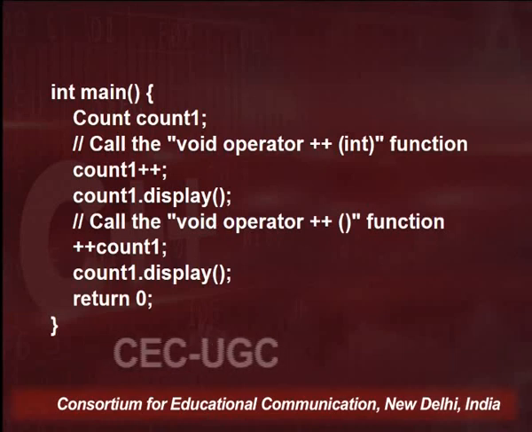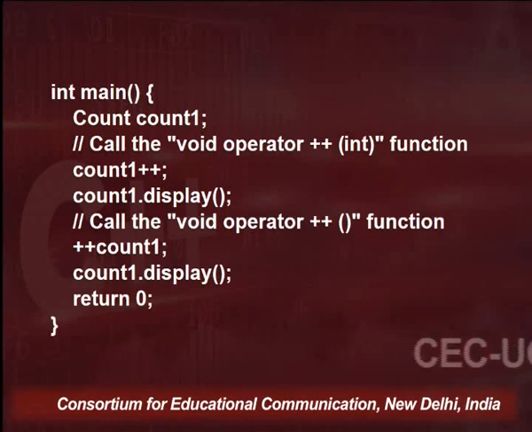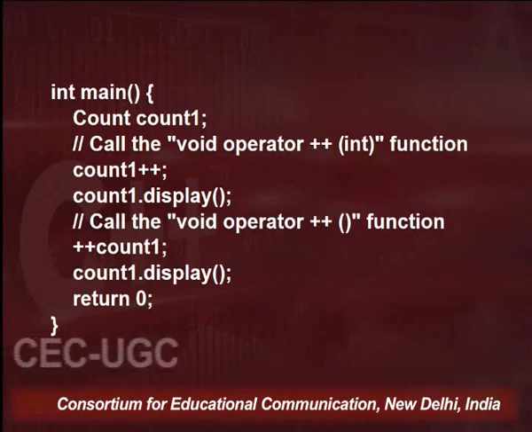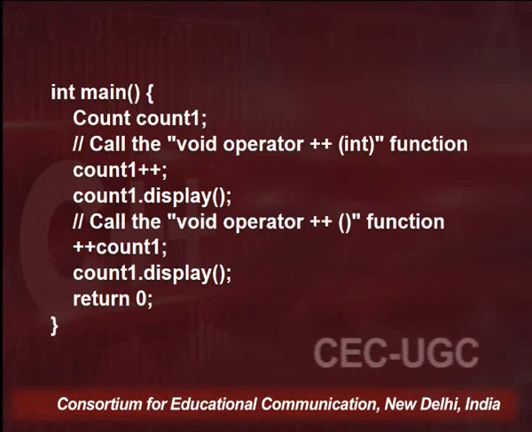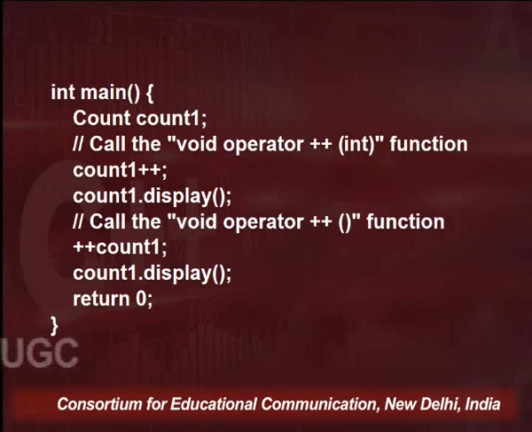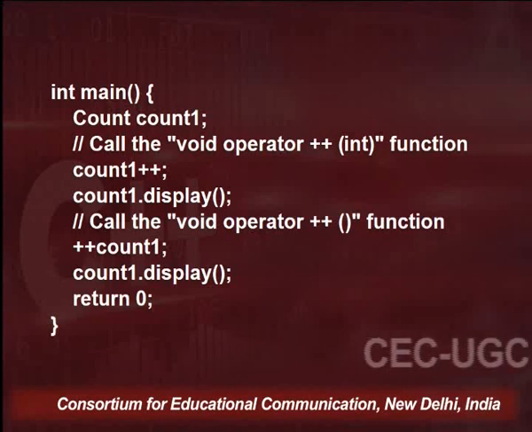After being displayed we again call the prefix version by plus plus count1, and then we display it. So the main function goes like this: one object creation, then a call to the postfix version of the operator, display, then a call to the prefix version of the operator, and then display, followed by a standard return 0.